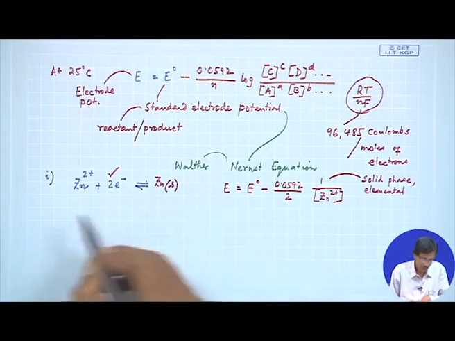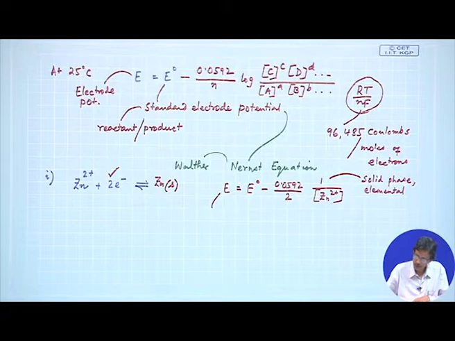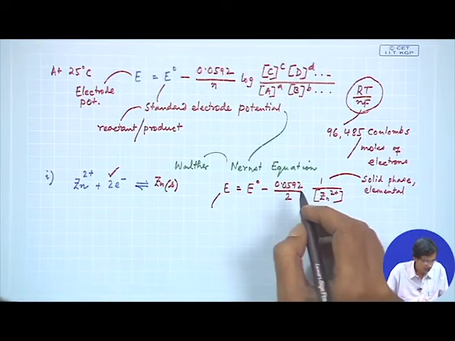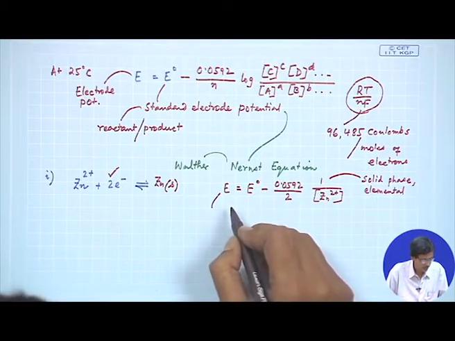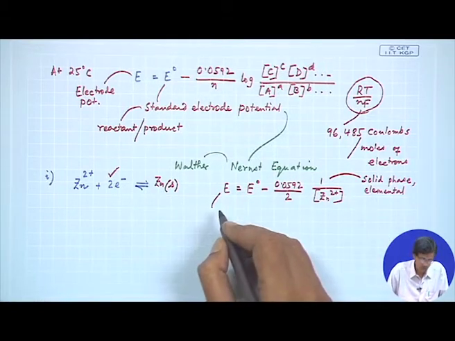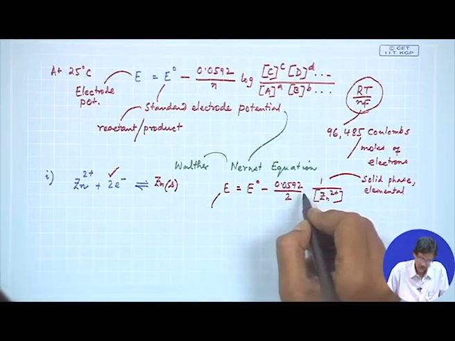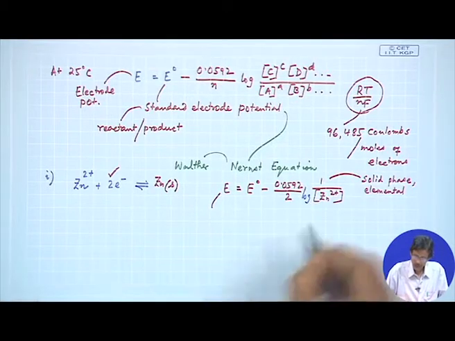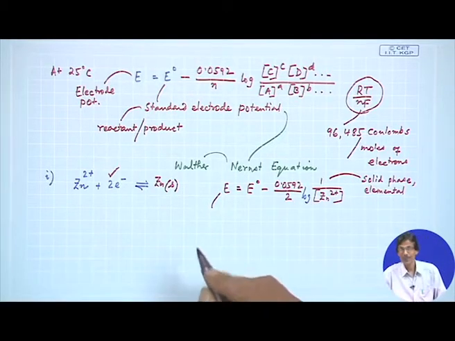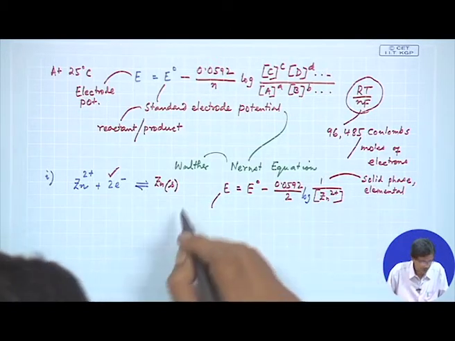So, what you find is that the E value, the electrode potential, varies linearly with the logarithm of the reciprocal of the zinc 2 plus concentration. It is a logarithmic function.